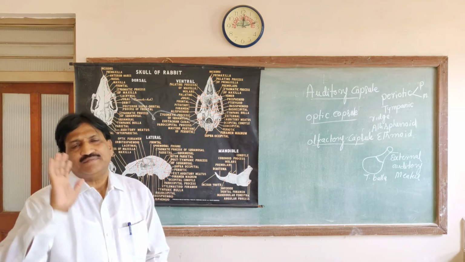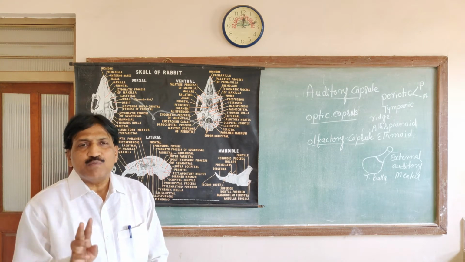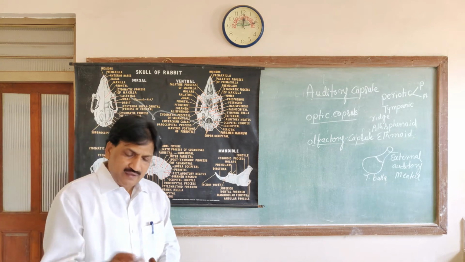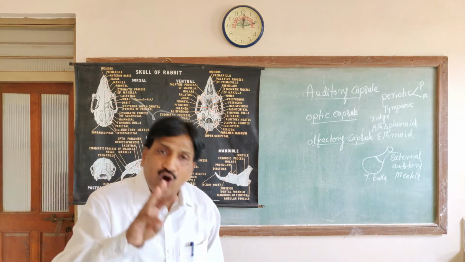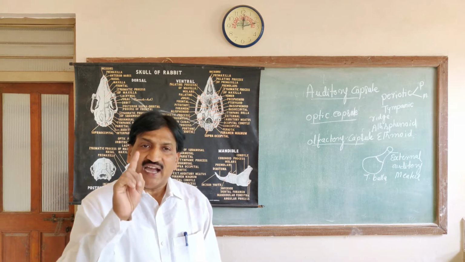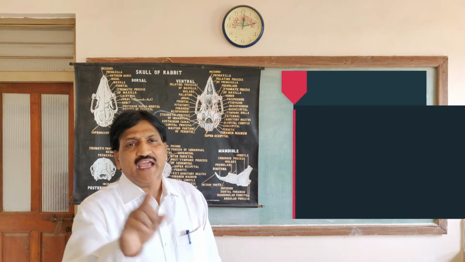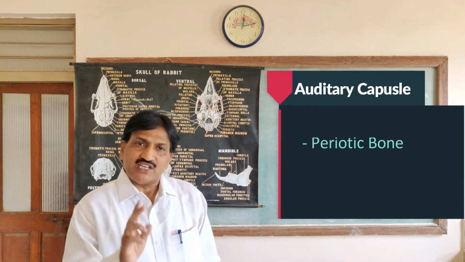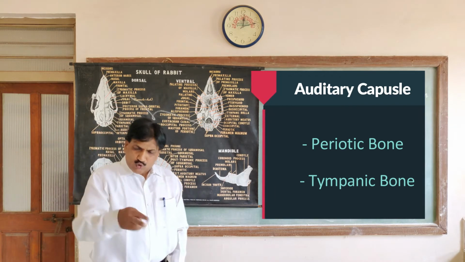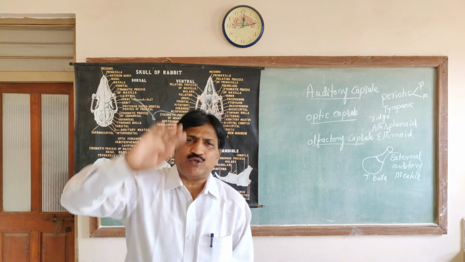Please write it. One is called the periotic, P-E-R-I-O-T-I-C. The second one is called the tympanic bone. These two bones come under the auditory capsule.